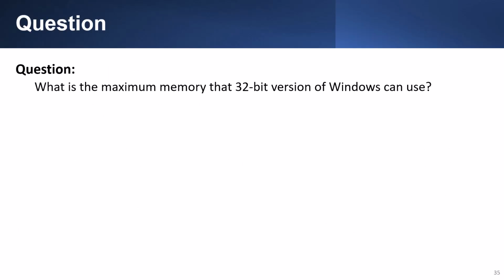Question: what is the maximum memory that 32-bit version of Windows can use? Answer: 4 gigabytes.